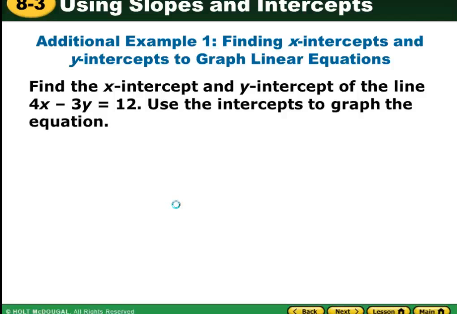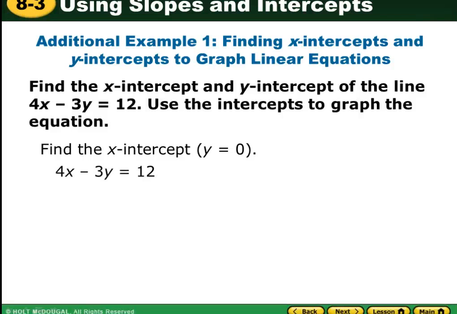Alright, so first thing we're going to do in the equation, we are going to find the x-intercept. Now to find the x-intercept, we just replace y with 0. So again, on a graph, if we need to find the x-intercept, this point right here is going to be x comma 0, because 0 right here is where the line is touching.